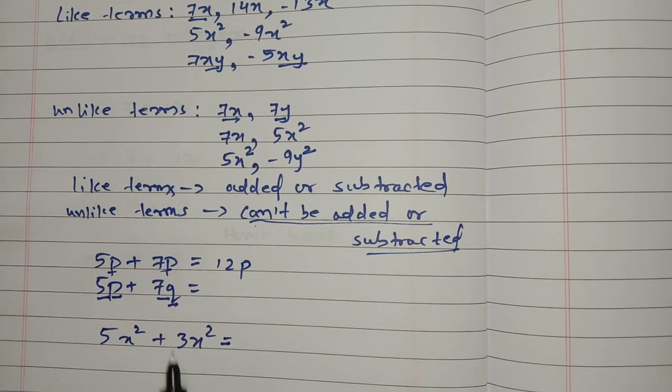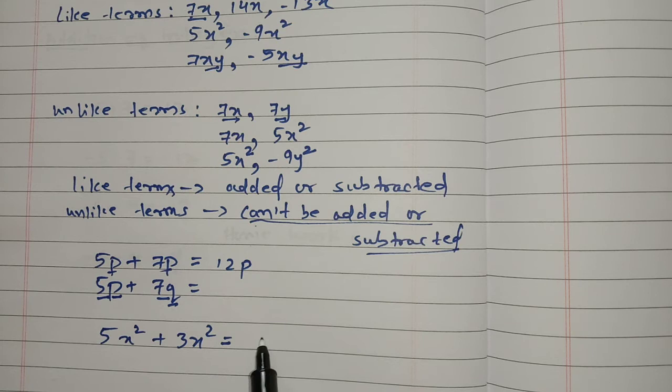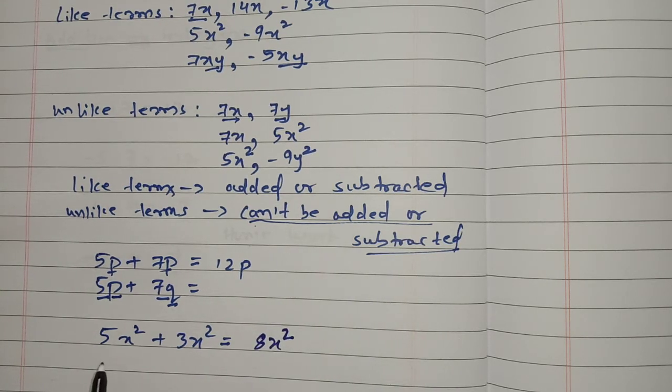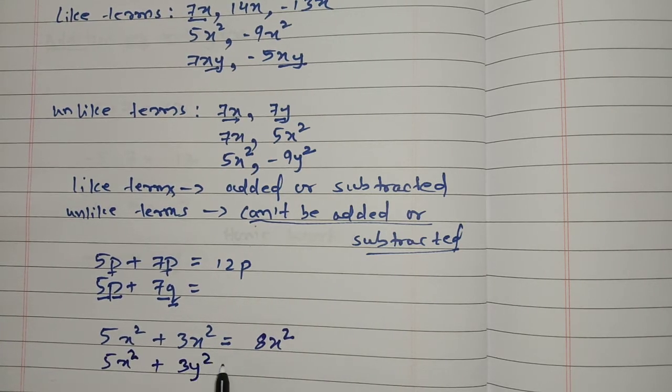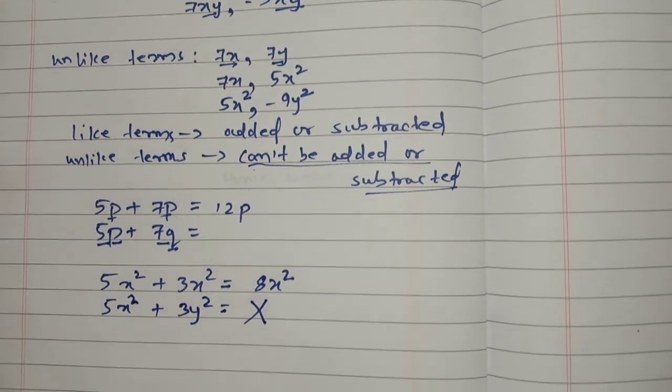The variable is the same, also the power is the same. So we can add it. 5x square plus 3x square is 8x square. Now suppose it is like this, 5x square plus 3y square. Can we add? No, we cannot add it because they are unlike terms.